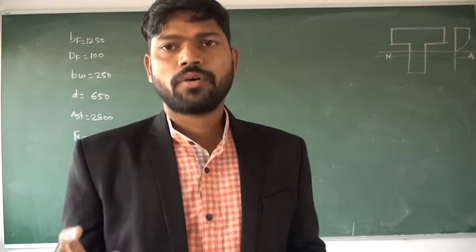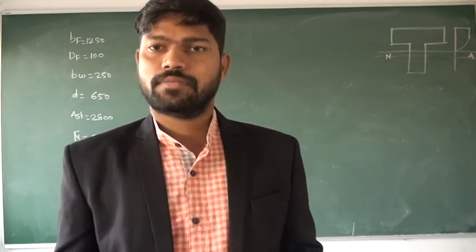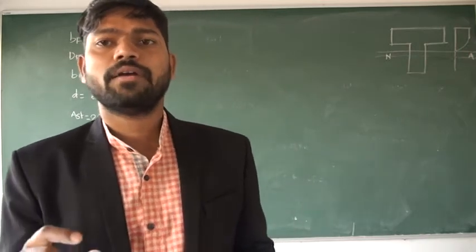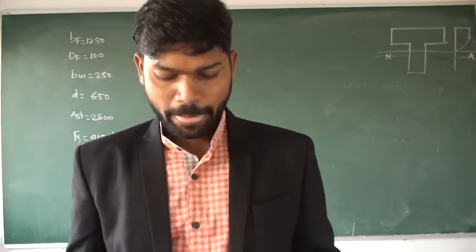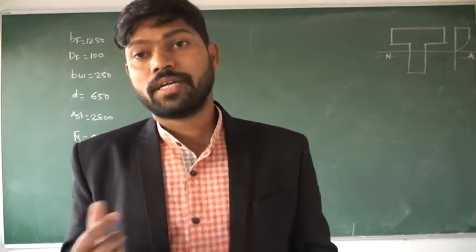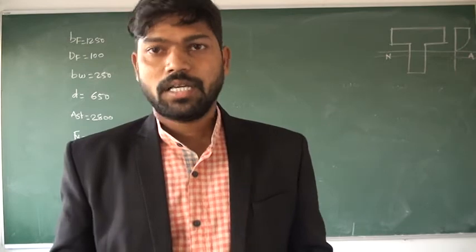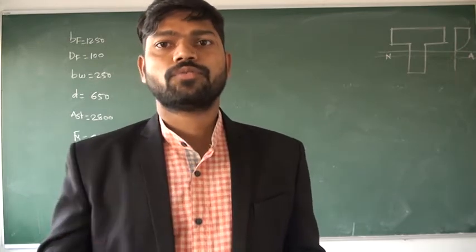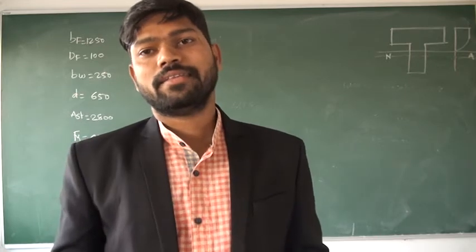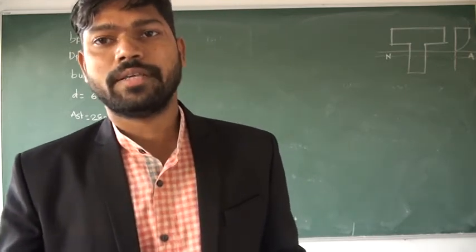So our first step is to identify the case. First step to solve this numerical is to identify which case it belongs to. First we will check whether it is in case 1. If it is in case 1, then okay, we will proceed with case 1. But if it is not in case 1, then it may be from case 2 or 3.